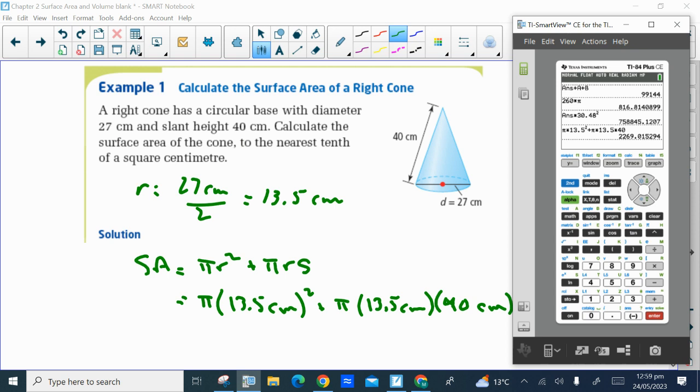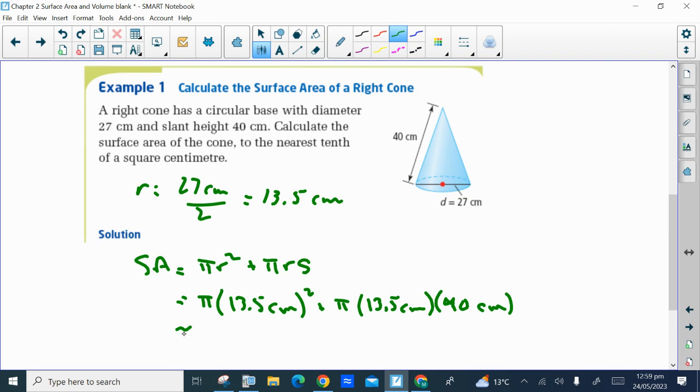So to the nearest tenth, 2269.0 will be our approximate answer, centimeters squared. There's our surface area.